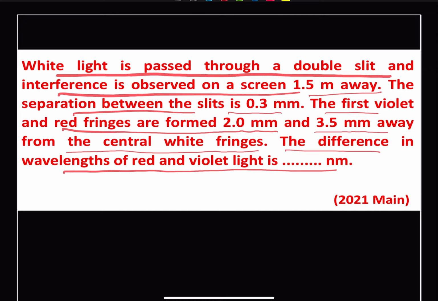one is violet and the other one is red, and the distance from the central white fringe is given to us as 2 millimeter, and for the red it is given as 3.5 millimeter. Okay, and both are first, so we have first violet as well as first red fringe.